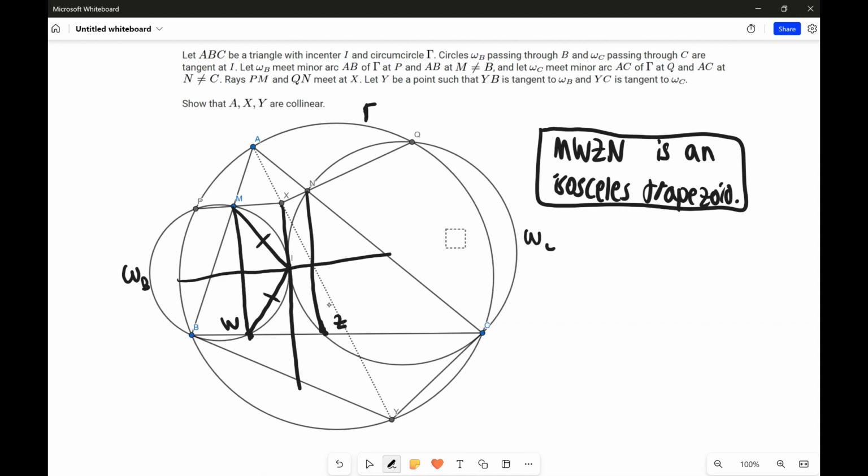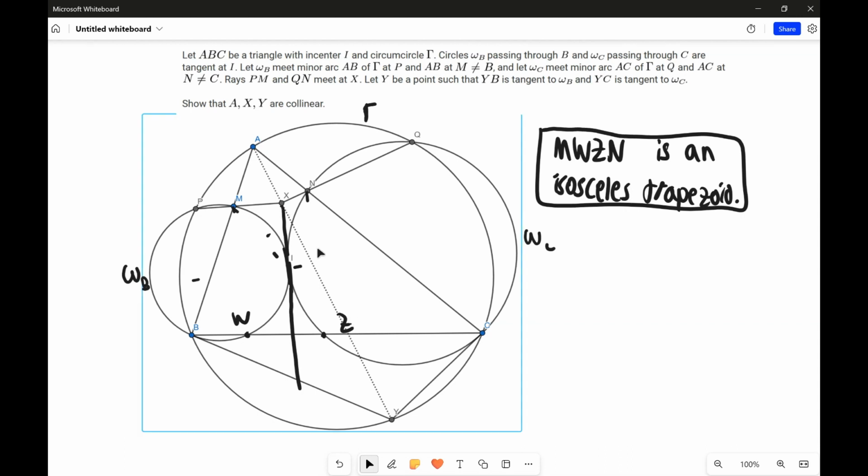And now you guys might be noticing something about this external tangent that I drew in, forgetting about this isosceles trapezoid here. So let's go ahead and label that as W and Z. It definitely appears that this external tangent passes through X. And if this were true, then that would mean that we have these three lines concurring at this point here, X. And this line IX is a radical axis of omega B and omega C if this were to hold.